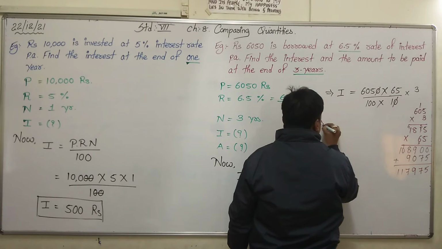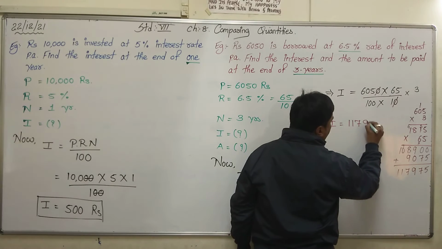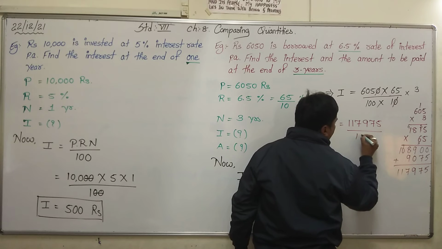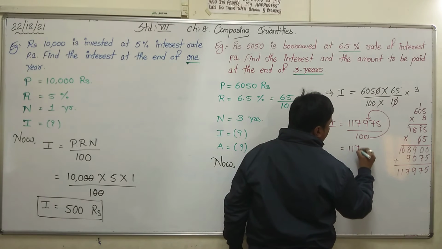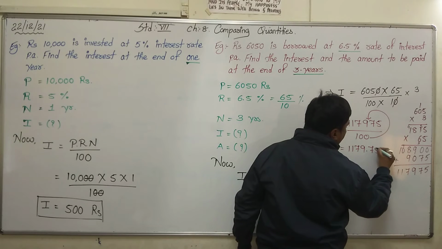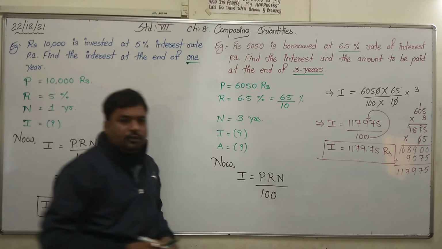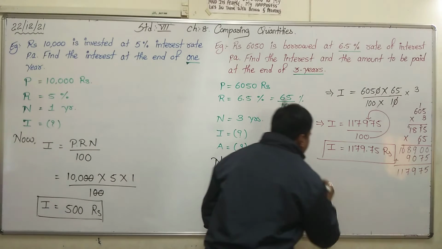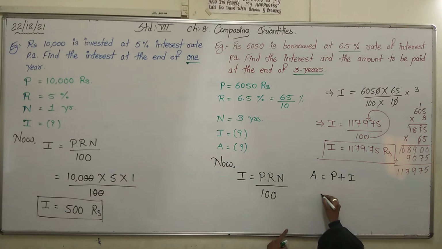So which implies I is equal to 117,975 upon how many zeros? The 2 jump. So that's 1179.75 rupees. So that will be the interest, right? And amount is equal to P plus I. What is P? 6050 plus 1179.75.